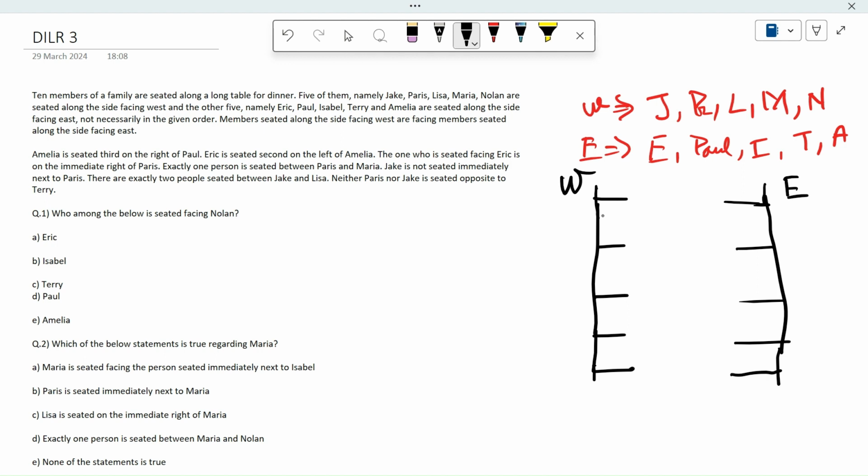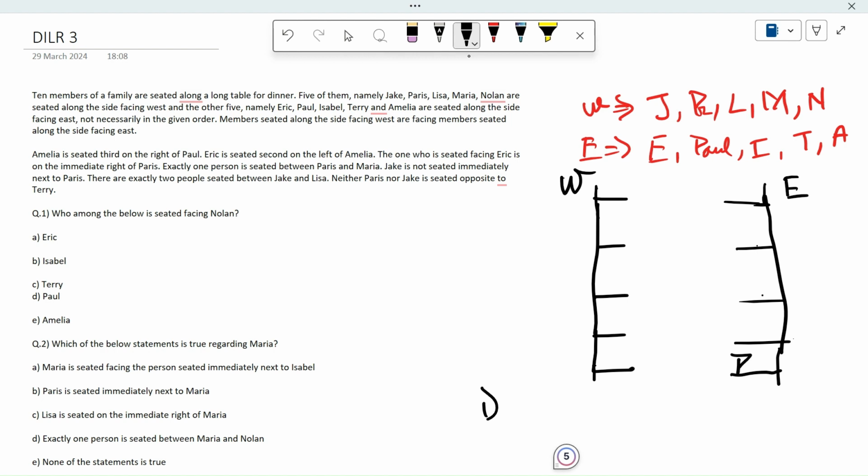If Paul is here, on the eastern side, suppose Paul is here, then it will be first, second, third, because when you are sitting on this side facing west, you will have your right here.